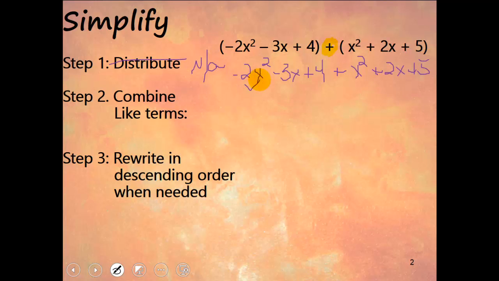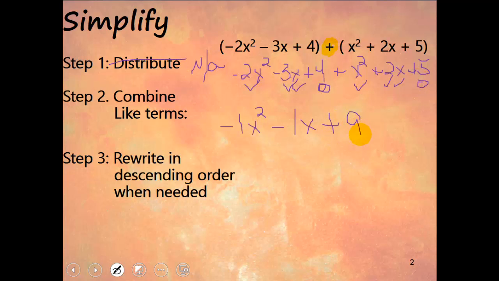I have negative 2x squareds here and a positive 1x squared, so that gives me negative 1x squared. And then I have negative 3x plus 2x, so that gives me negative 1x. And then I have a positive 4 and a positive 5, so that gives me positive 9.